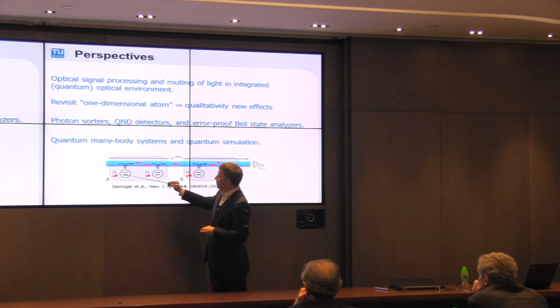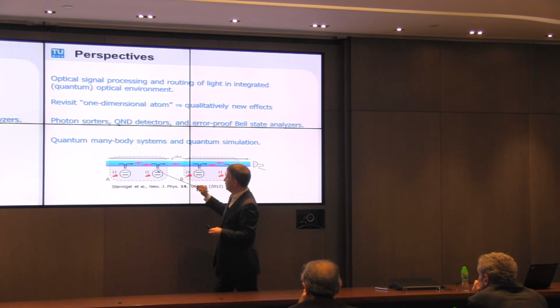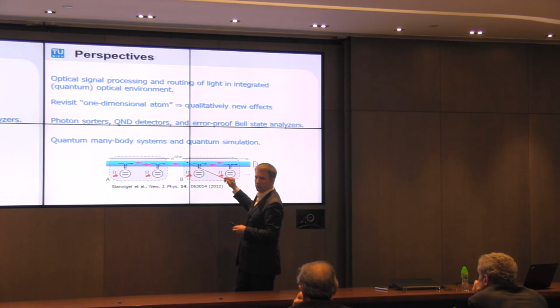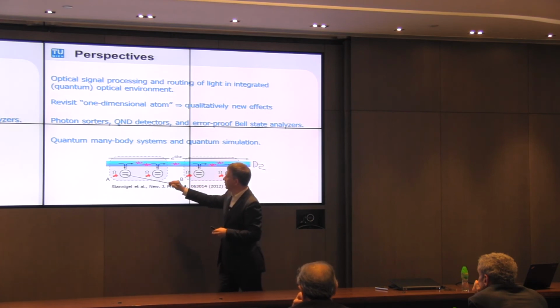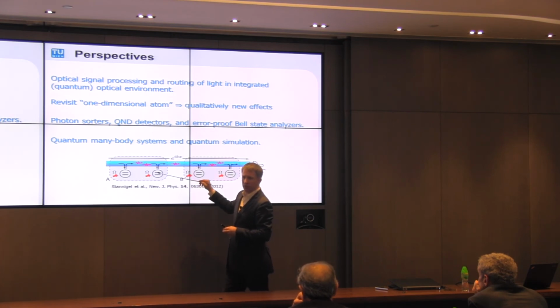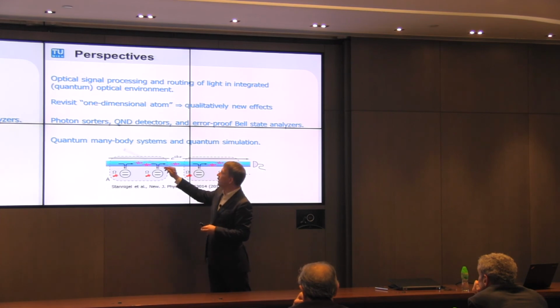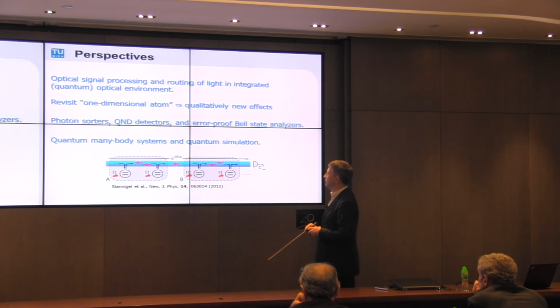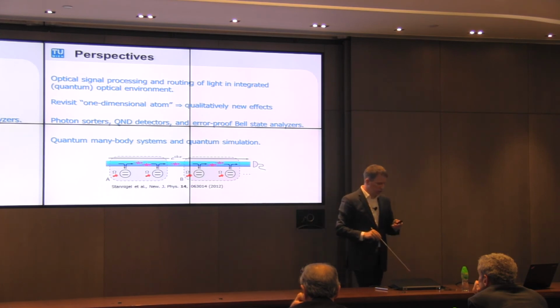However, here there is no back action, because this emitter can absorb light coming from the left, but then it can only emit to the right. So this emitter here never knows whether there is one here, because there's no information backflow, and that gives rise to novel phenomena in quantum many-body physics, and maybe it's also interesting for quantum simulation.